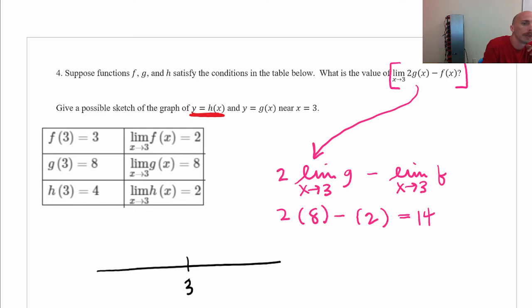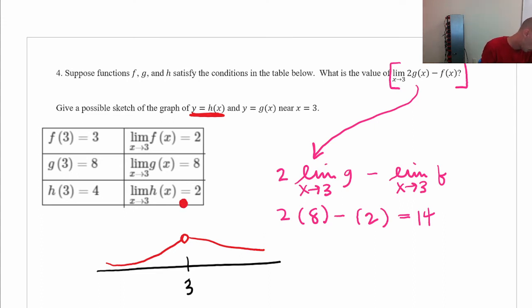And, okay, so the limit of h of x does exist and it equals 2. But h of 3 is equal to 4. Okay, suppose that has a height of 2, right? We don't really know what's happening on either side of it, but we know that very nearby it's approaching y equals 2. And then the actual value of the function is up there, it's 4.